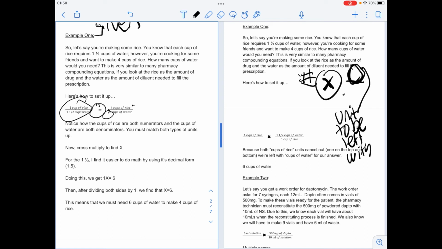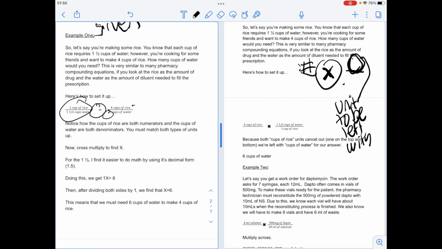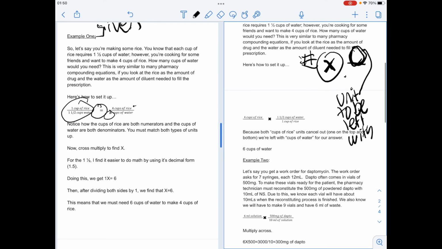We have units aligned, so the numerator is going to have cups of rice, both the same unit. The denominator has cups of water, both the same unit. And here we cross multiply. Looking at dimensional analysis, we have cups of rice is our starting, because that's not the unit that we want to end up with. This is the unit we want to cancel out. So this is cancel out unit.